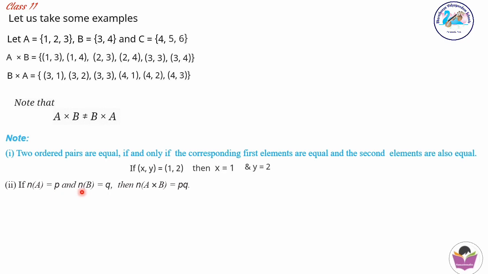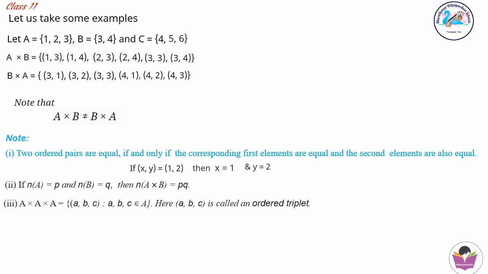So A cross A cross A, crossing 3 sets, the same set, is equal to the set of (a, b, c) such that a, b, c are elements of A. That means all these 3 terms also come from set A only, because we are crossing the same set. Here (a, b, c) is called an ordered triplet.